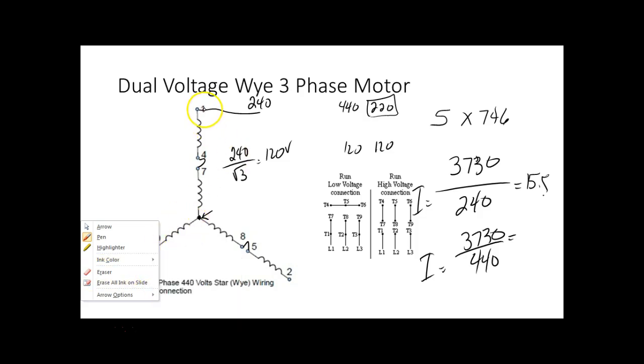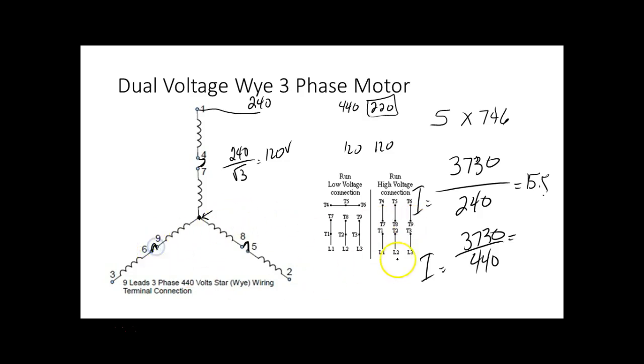So this is what the nameplate is telling us. It says to run at high voltage, I should have T4 jump to T7. I got T4 jump to T7. I should have T5 jump to T8. I have T5 jump to T8. It says I should have T6 jump to T9.